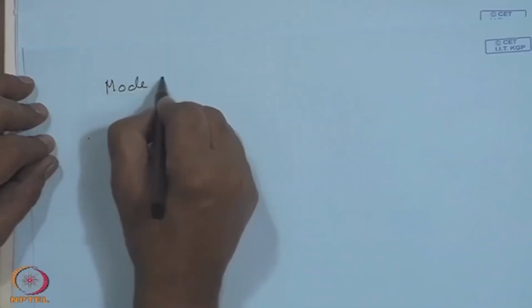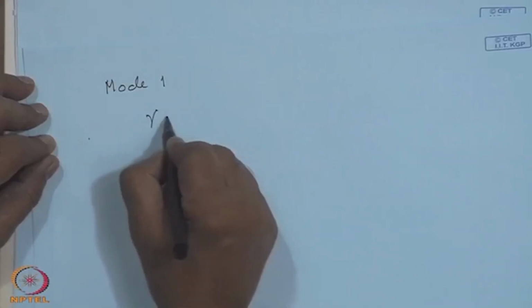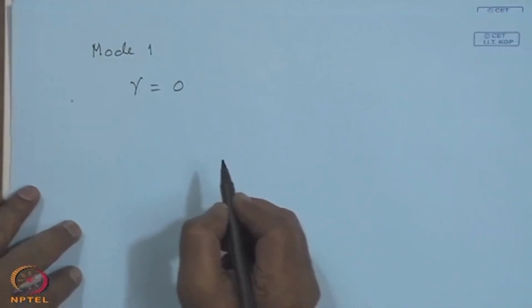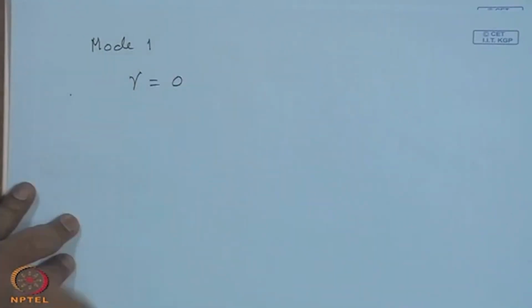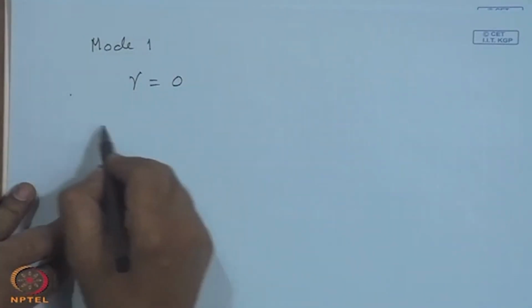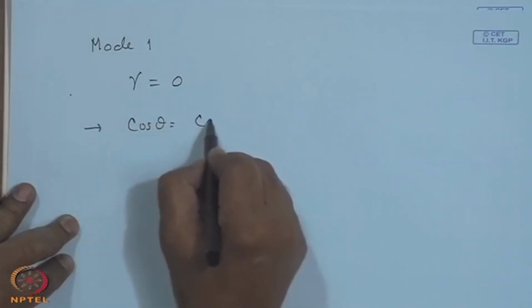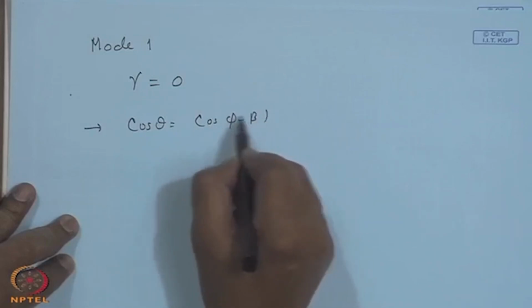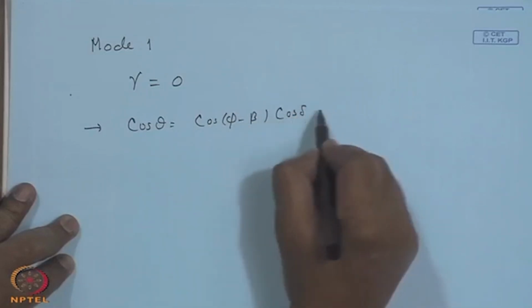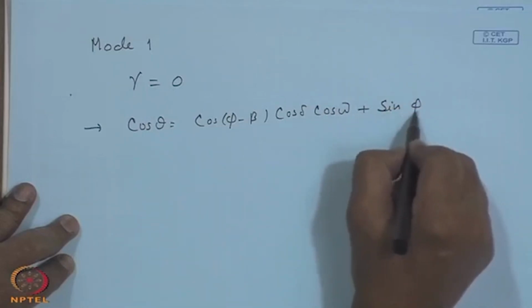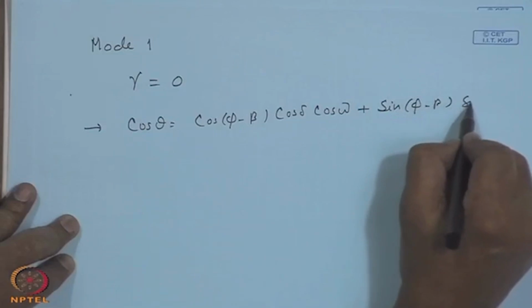So, if you take this arrangement, gamma is 0 because it is an east west axis. So, it is south facing. So, my gamma is equal to 0. Consequently, the cos theta expression is simple, it is cos(phi minus beta) cos delta cos omega plus sin(phi minus beta) sin delta.